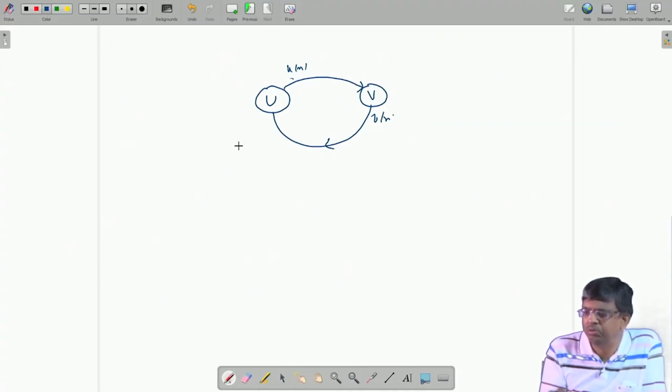This is a delay free loop, because if it is generating a signal U of n, it will depend on this V of n, but V of n will depend on U of n again. So, U of n will turn out to be function of U of n, which is not possible. But if there is a delay here, then U of n will depend on V of n minus 1, V of n minus 1 will depend on U n minus 1.